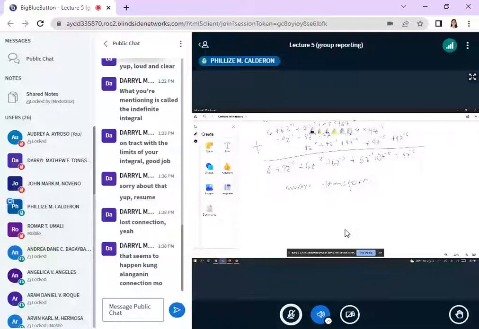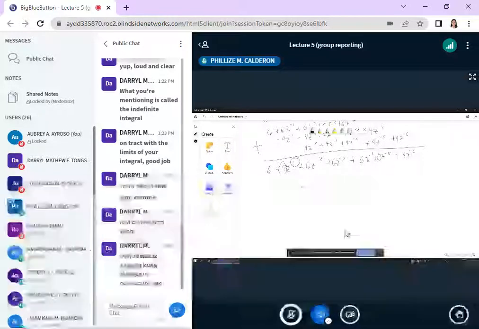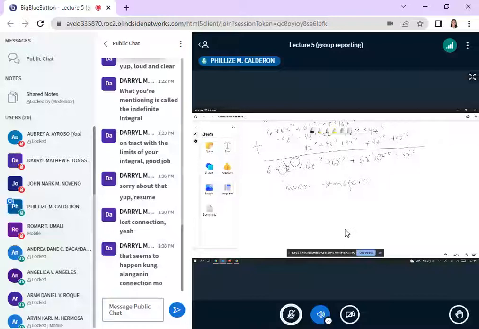Di ba sinabi naman na natin sa z transform natin kanina na yung x natin yung magnitude, sabihin natin yung x natin is kunwari itong 2 na to, then yung time niya is yung naka-raise natin. Ngayon, isulat natin siya in form na nakahiwalay natin yung magnitude tsaka yung time.